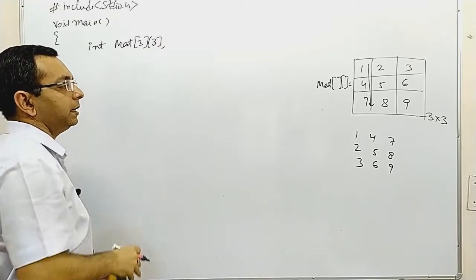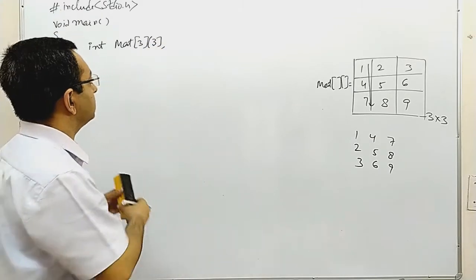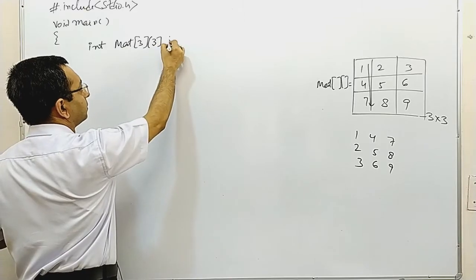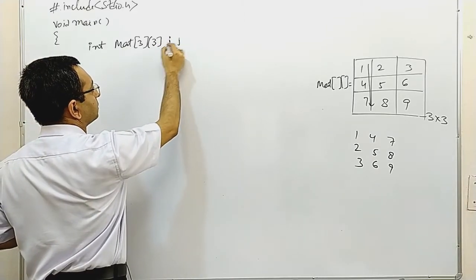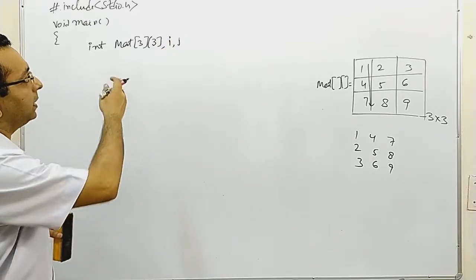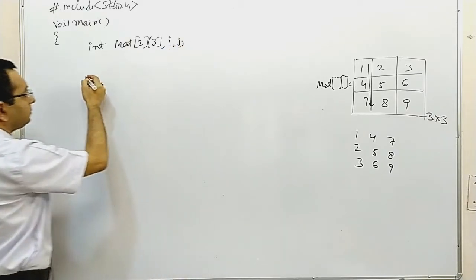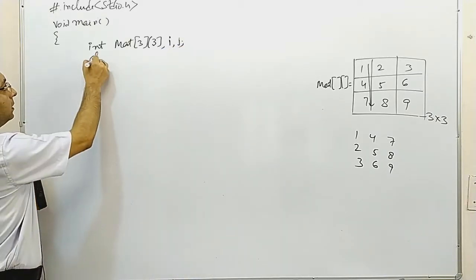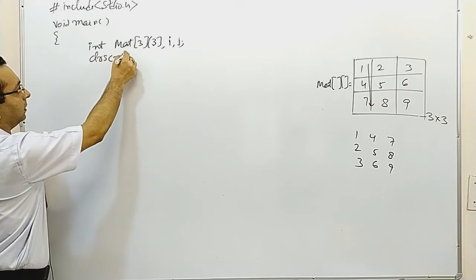And because a matrix is a row and column arrangement, we have to take 2 loops, for which we take i and j. For clearing the screen we write clrscr.